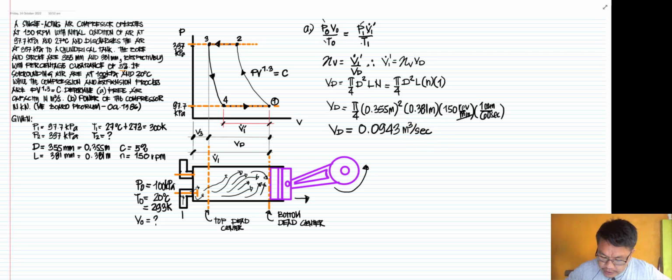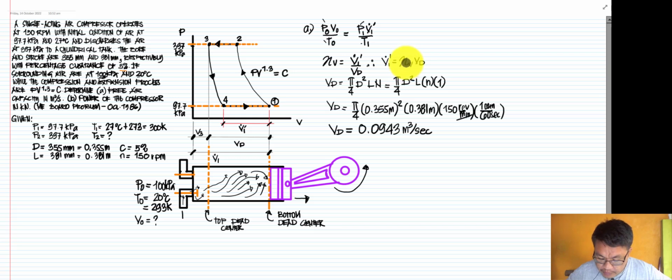Okay, so examining yung equation natin for your V1 prime. What we don't have, we have already the volume displaced, so this is okay. Then next, wala na lang tayo, which is yung volumetric efficiency.